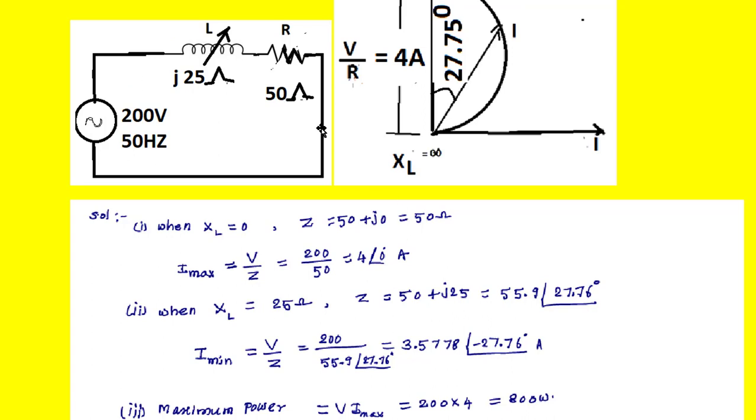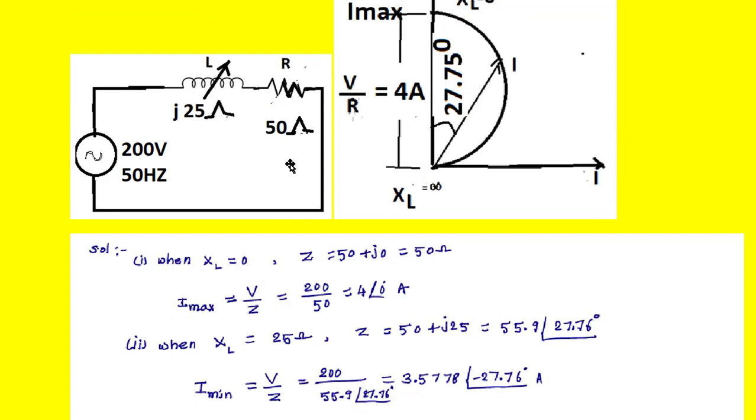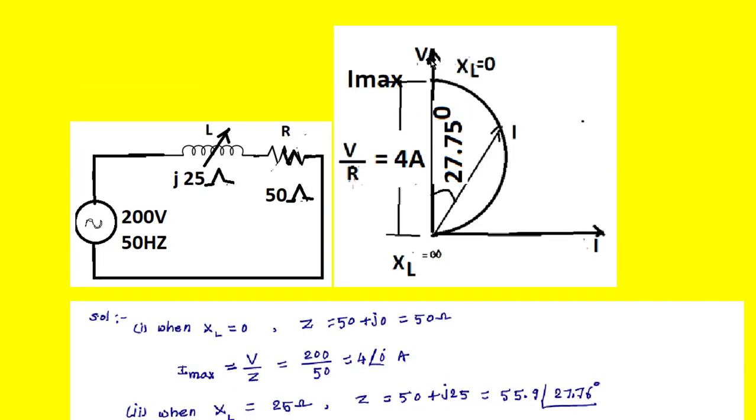So to draw the locus diagram, first of all, we have to see that the variable element impedance is 0. Then the circuit will become a pure resistor connected in series with the supply. In a pure resistive circuit, the voltage and the current are in phase with each other. So this is the voltage vector and this is the current vector.